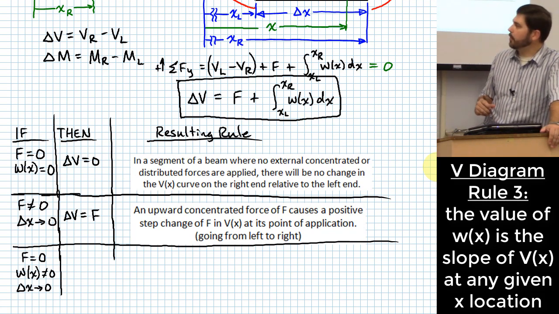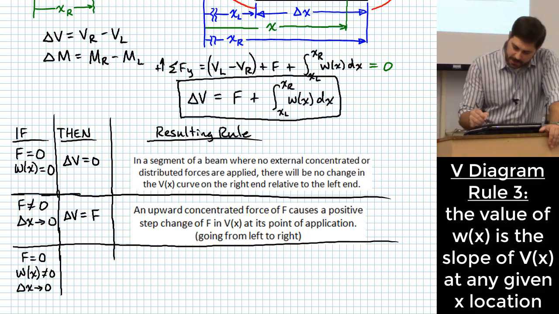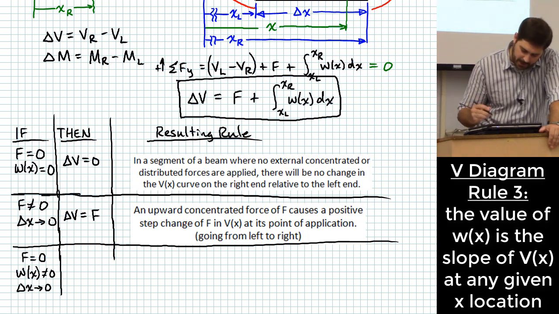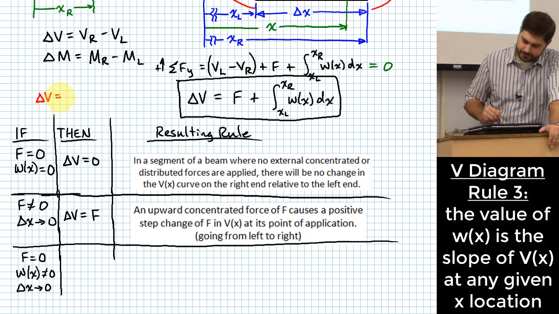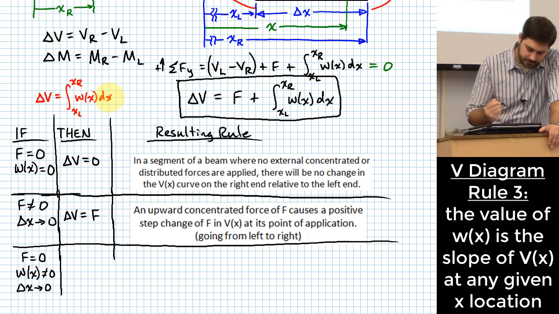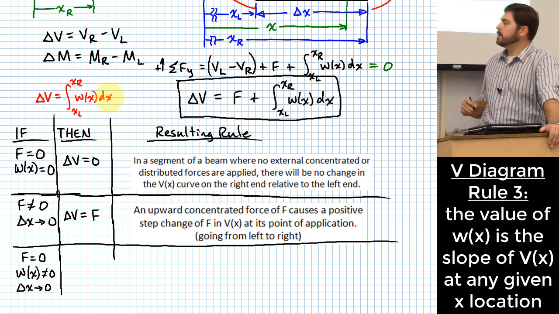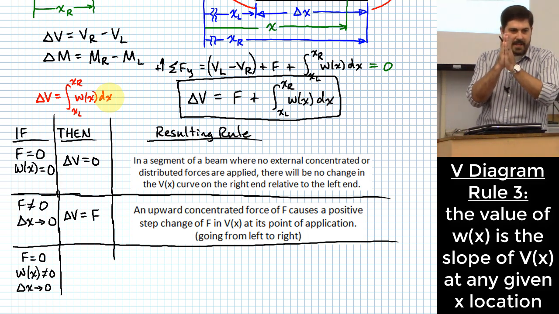So let's actually think about what happens with this function. Okay? F goes to 0, so delta v becomes what? Just this integral from xl to xr of w of x dx. Okay? Now think of an infinitesimally narrow slice.